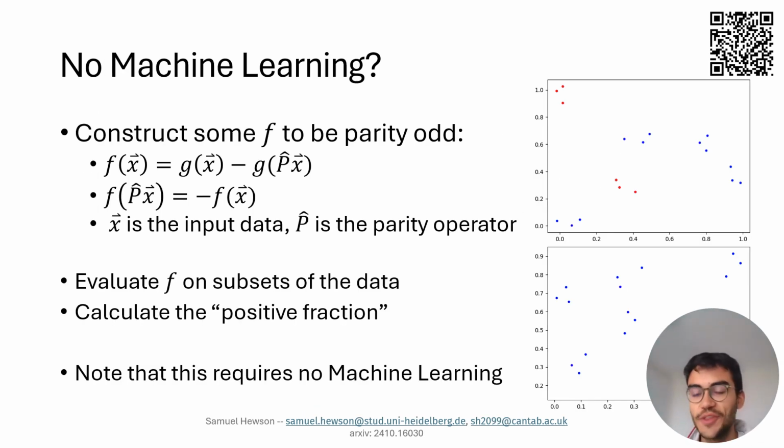So the method itself, how does it work? Actually, the method requires no machine learning to work. What we do is we construct a function f of this form, where x is the input data, p is our parity operator, and g is some intermediary function.